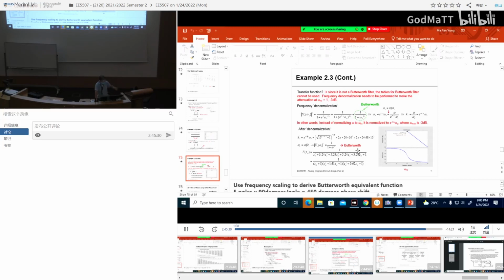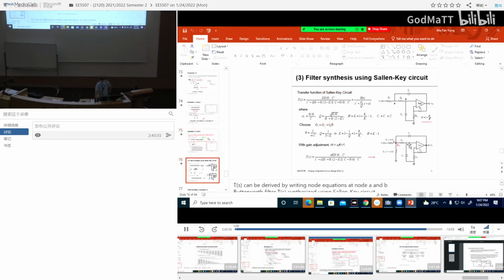Go back to the table, to say n equals 5, what is the Butterworth coefficient? Is this normalized to S of D? Then from this, we can break it up to a first order and 2 biquads.